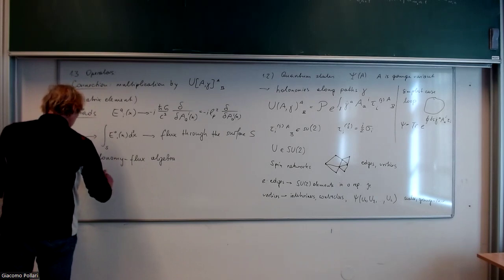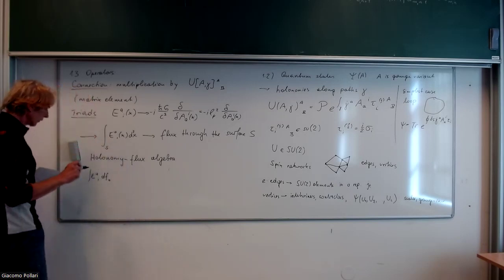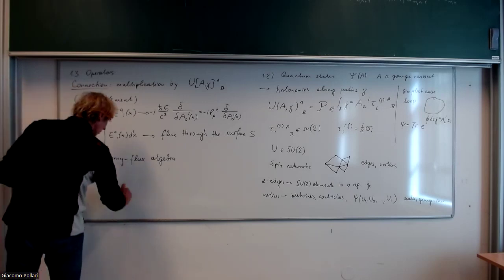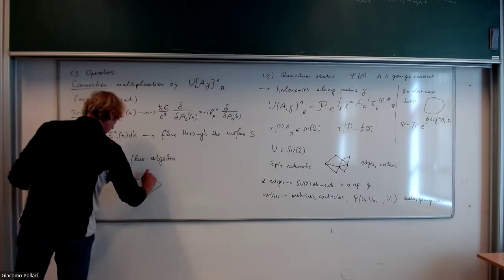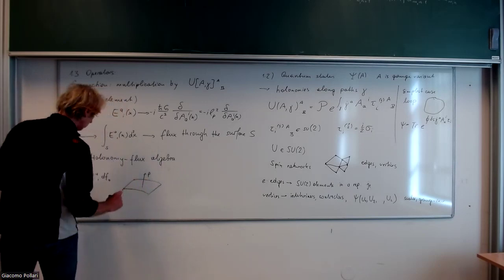Well, if F is a normal index to the surface. But now what is F? A normal vector. But if it's a form, it has the index in the wrong place.